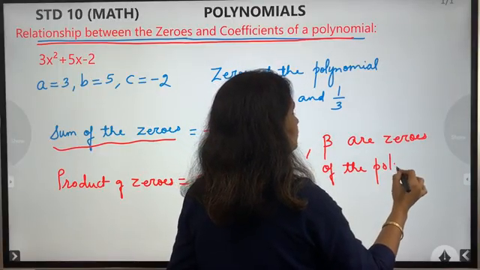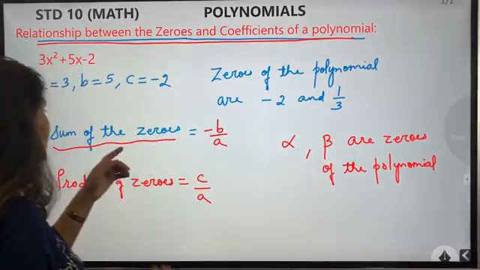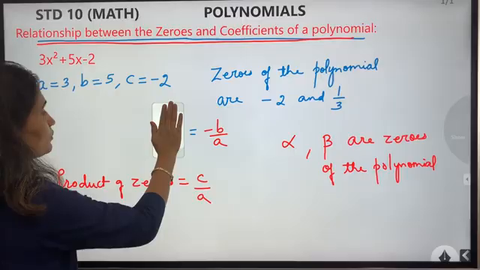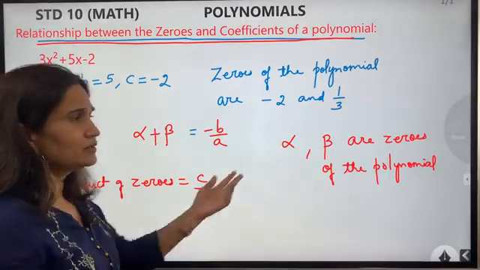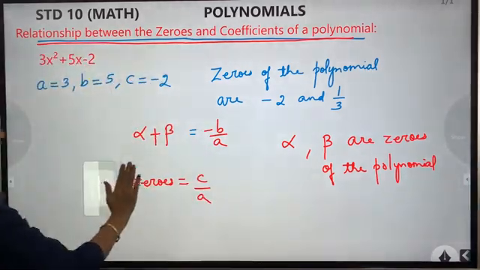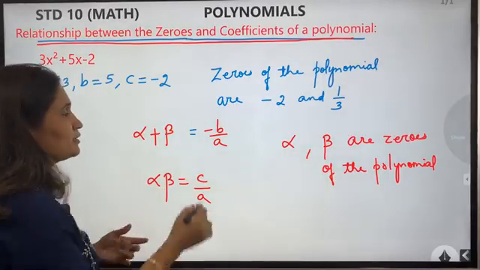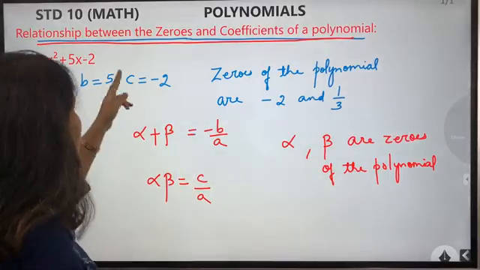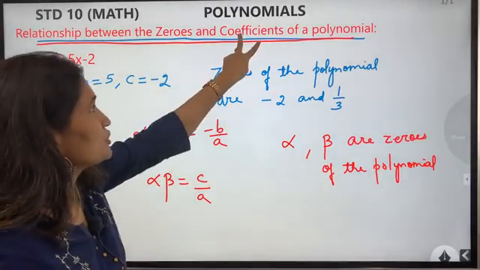So if you assume alpha, beta as the zeros of the polynomial, then can I not write, instead of sum of zeros, alpha plus beta? I am adding the two zeros which I have named as alpha and beta, and for the product of the zeros, can I not write it as alpha beta? And this is an important relation between the zeros, alpha, beta, and coefficients of the polynomial.